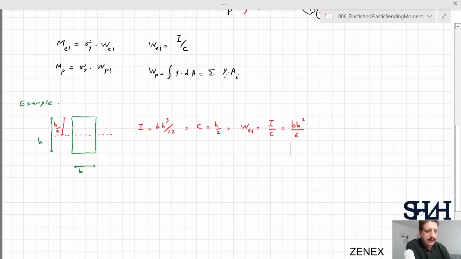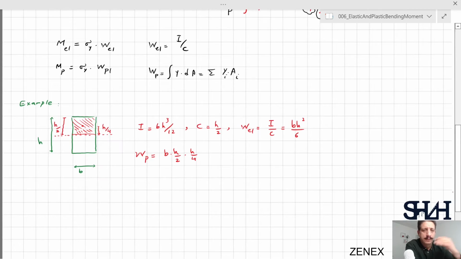Instead, we need to calculate the summation of Y times A. So W plastic is the area, which is B times H divided by 2, times the centroid of this section to the neutral axis. So this is H divided by 4.